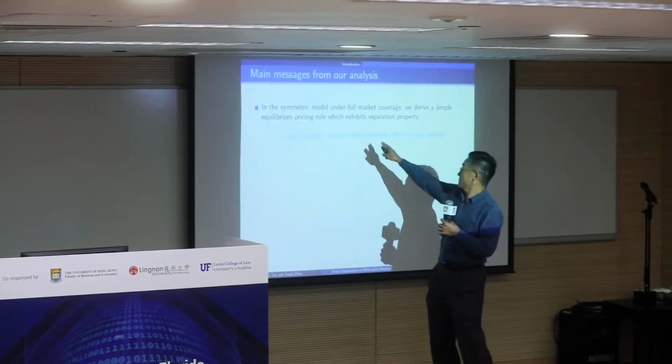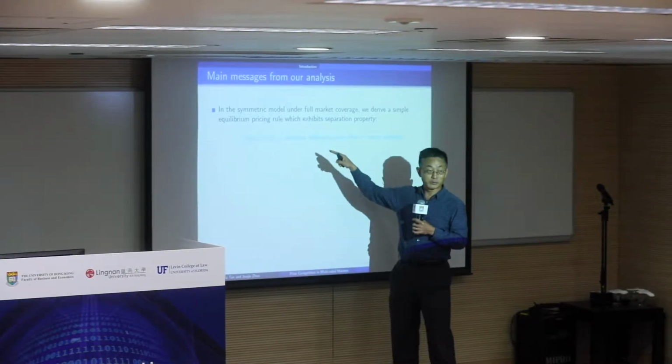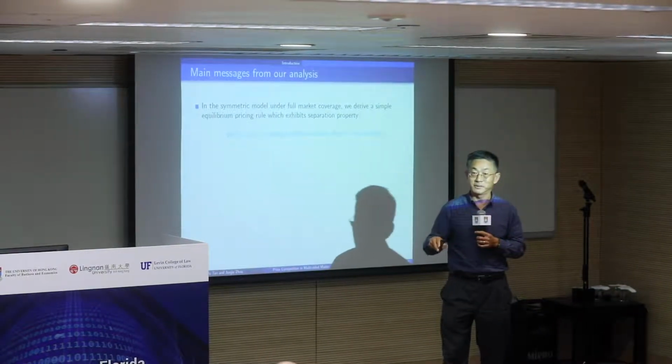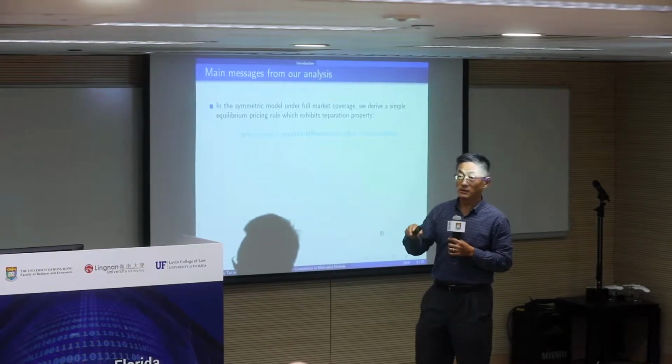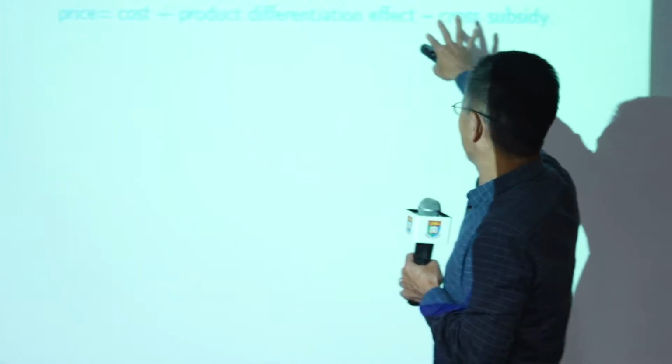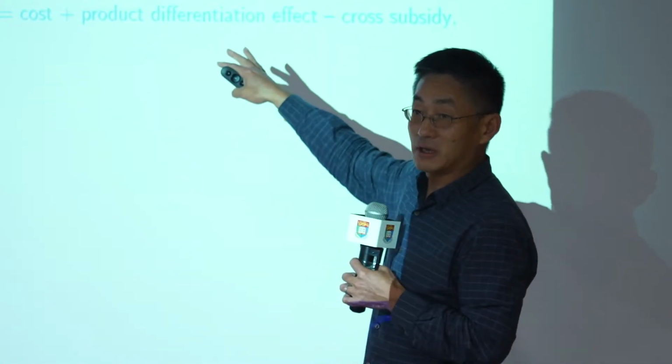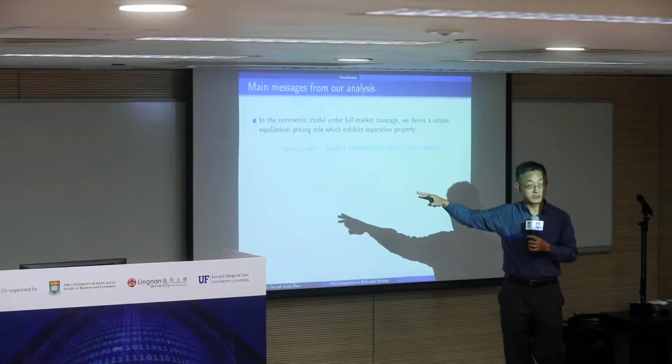And the second term is what we call product differentiation effect. This is a typical markup oligopolist or monopolist could charge because you are providing a differentiated service, due to elasticity of customers' reaction to your price change. So that means without externality, in such a setting, we are in the standard oligopoly problem with price competition.